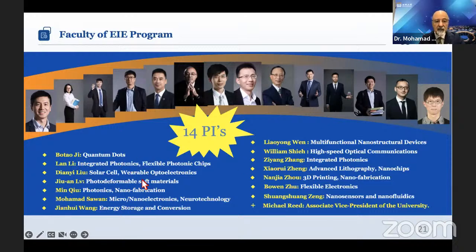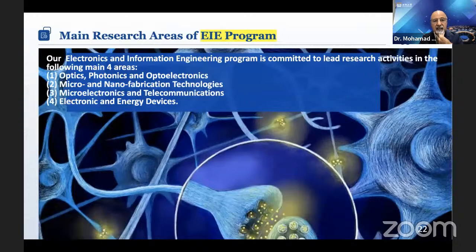So quantum dots, integrated photonics, integrated circuits, microelectronics, 3D printing, etc. I will give examples later, but this is 14 so far. Then this program, Electronic and Information Engineering, is committed to leading research activity in the following main areas.